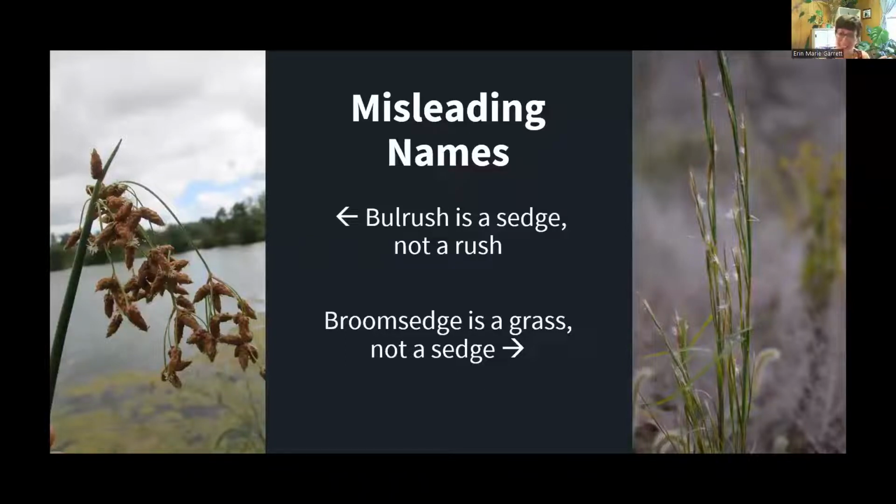So the plant on the left, the common name is bulrush, and it's not a rush, it's actually a sedge. And then the plant on the right is called broom sedge, and it's a grass, not a sedge. So again, already it's throwing off your identification of what those plants may be, because they're named for a completely different group of plants.